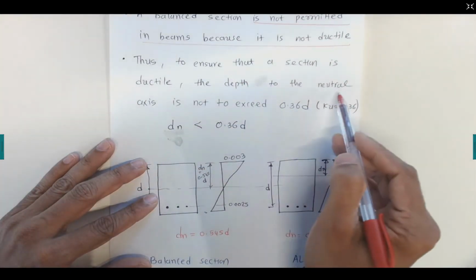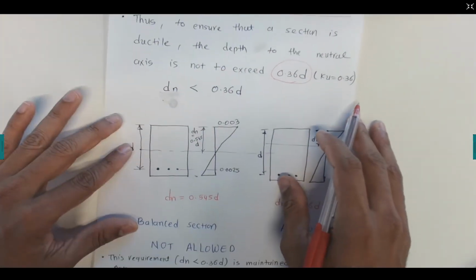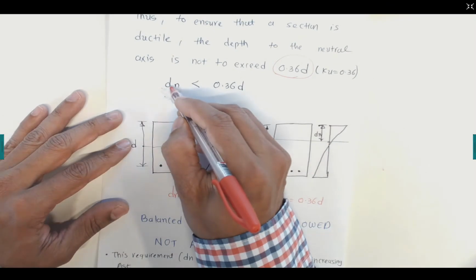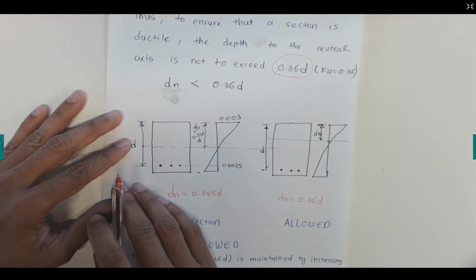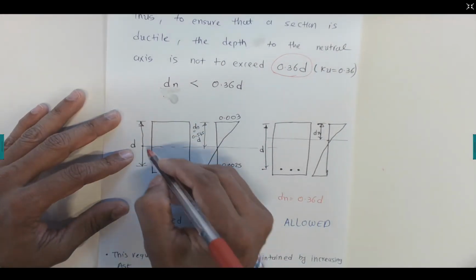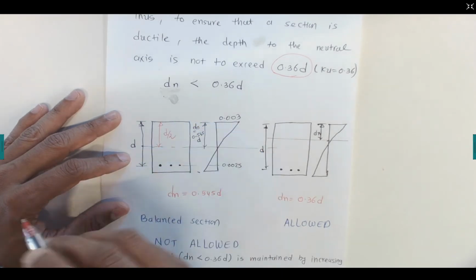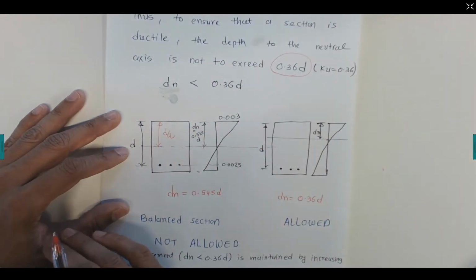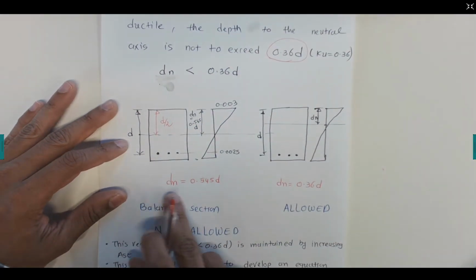The depth of the neutral axis should not exceed 0.36 d. So we make sure always that the dn value that we calculated is less than 0.36 times the depth of this one. Now for example, this is a balanced section where we have this value as just half of d. Now here this is not allowed, because this balanced section is not allowed.